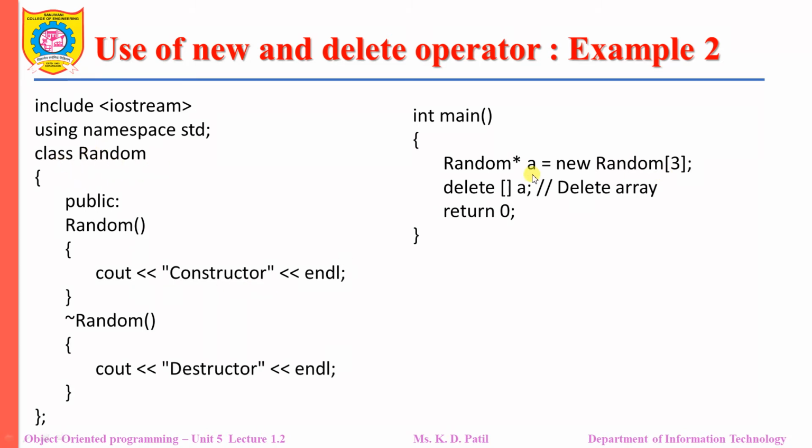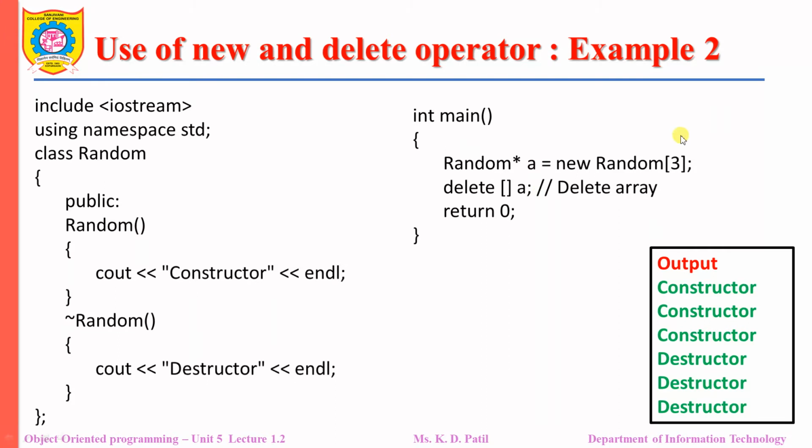And after that, when I delete that array of objects which belongs to class random, the destructor will be called, and it will automatically delete the array. Now let us see what will be the output. So here the constructor will be called for the first object, then for the second object, and then for the third object when we create objects using the new operator.